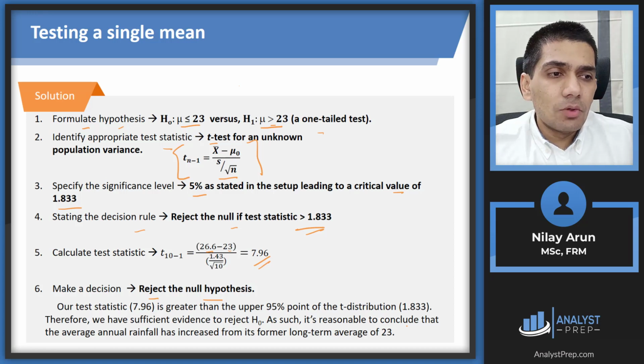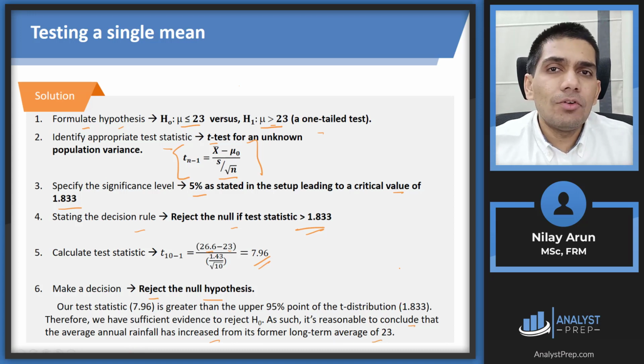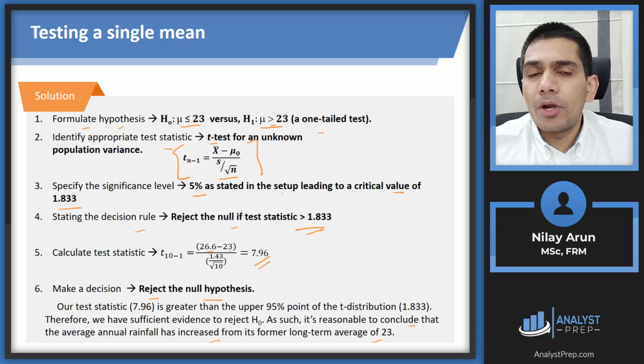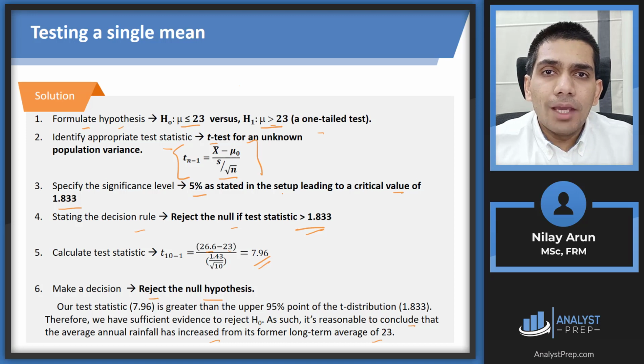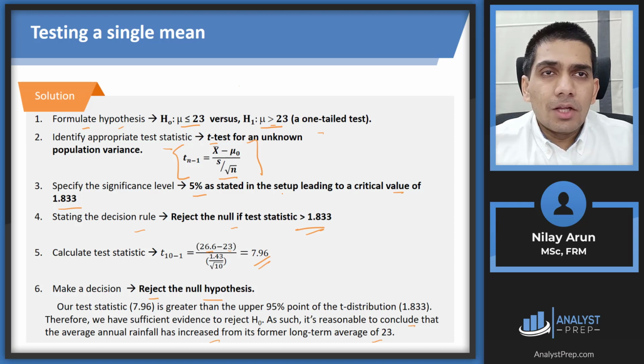So it's reasonable to conclude that the average annual rainfall has increased from its long-term average of 23. We have enough evidence to show that, so we can safely reject the null hypothesis. Had this value been lesser than 1.83 or equal, then we would not have been able to reject. Now let's try out another example and see if the steps can be applied there as well.